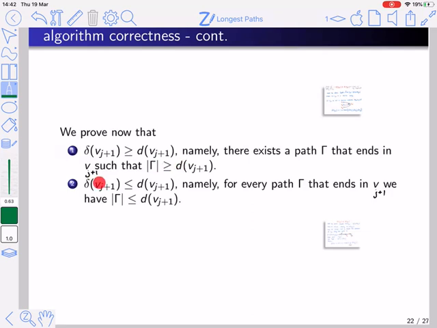The second part that we want to prove is that the longest path that ends in vj plus 1 has length which is not greater than d of vj plus 1. Namely, we want to prove that every path, gamma, that ends in vj plus 1 has length which is less than or equal to d of vj plus 1. Okay, so our proof will be divided into two parts. Let's start with the first part.